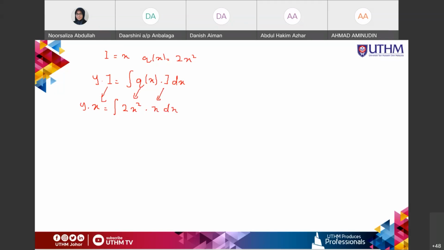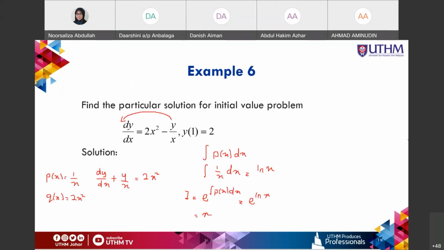Okay, sampai sini boleh ikut tak? Boleh, doktor. Yang I sama dengan x tu macam mana, doktor? Ini you dapat from here.